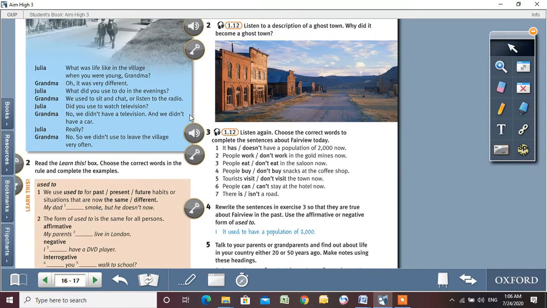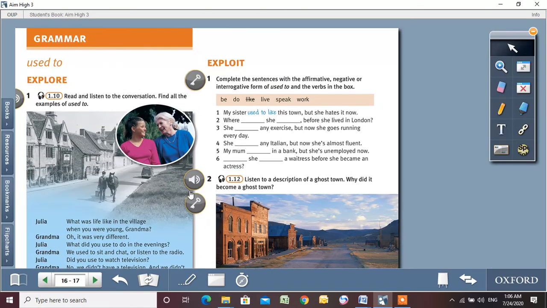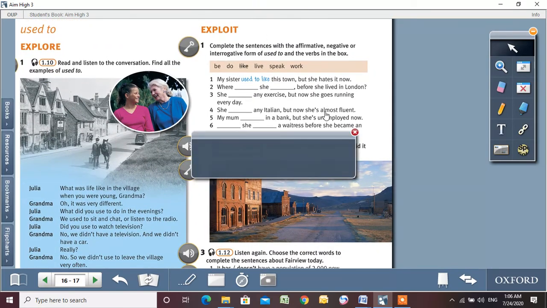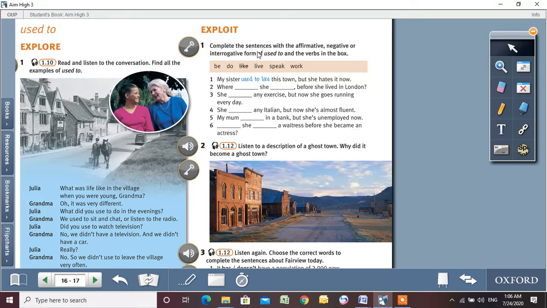Exploit, exercise 1. Complete the sentences with the affirmative, negative, or interrogative form of used to and the verbs in the box. 1. My sister used to like this town, but she hates it now. 2.